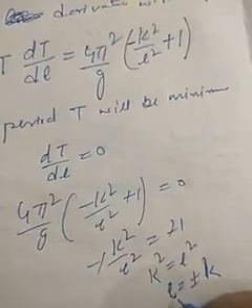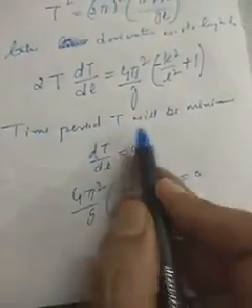So the time period will be minimum when the distance of center of gravity from point of suspension is equal to the radius of gyration k. This one is the case.